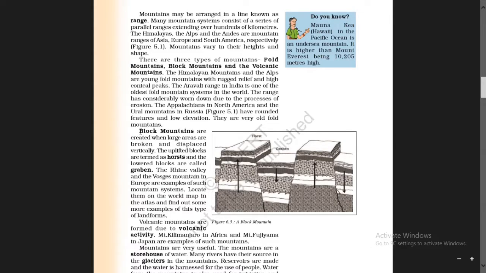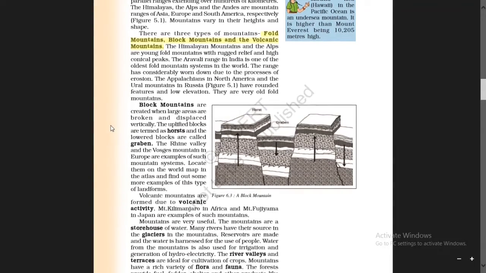So here in this paragraph we find there are three types of mountains. So if it asks how many types of mountains are there, you have to say there are three types of mountains. What are those? They are fold mountains, block mountains, and the volcanic mountains. The Himalayan mountains and the Alps are young fold mountains with a rugged relief and high conical peaks.